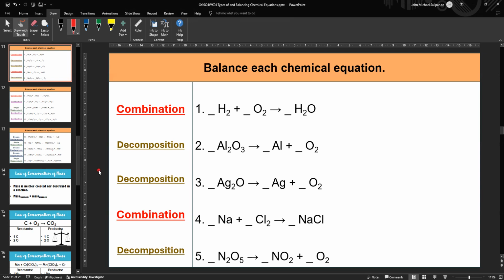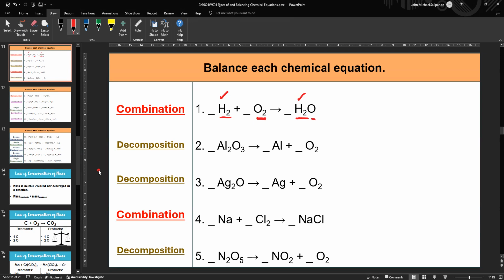So in number one, first we have hydrogen with two atoms on the reactant side, and we have two atoms of hydrogen on the product side. Since both of them are balanced already, they are pretty much checked out. However, for oxygen, we have two atoms on the left side, and you have one atom on the product side.